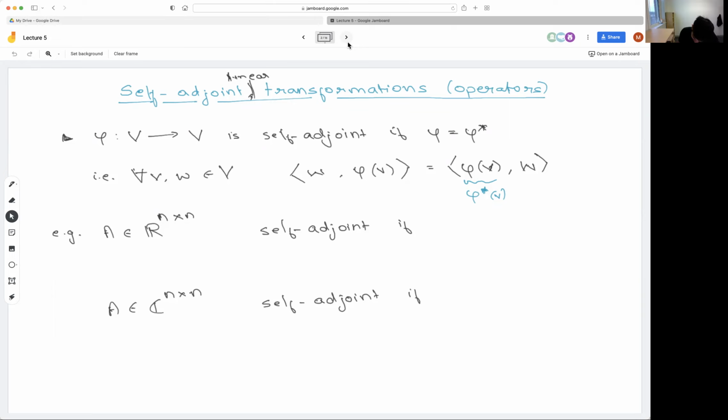It should be phi of W comma v. Phi and phi star are applied on different vectors when we write this inner product condition. And here, instead of phi star, we can use phi, but yes, they are still applied on different vectors. Thank you.